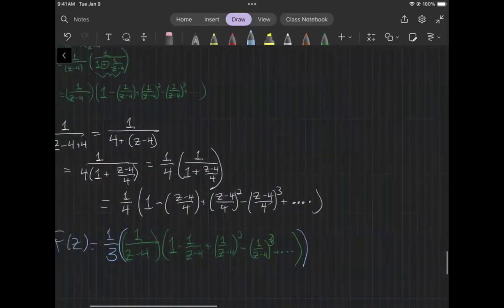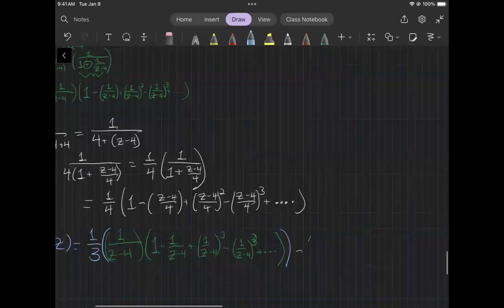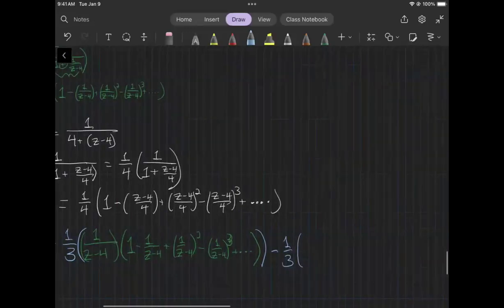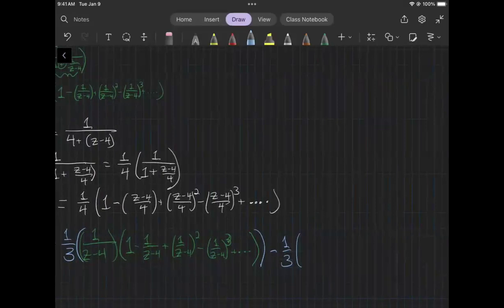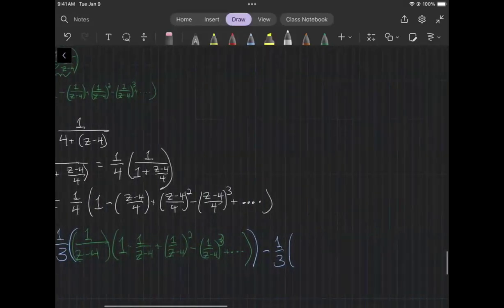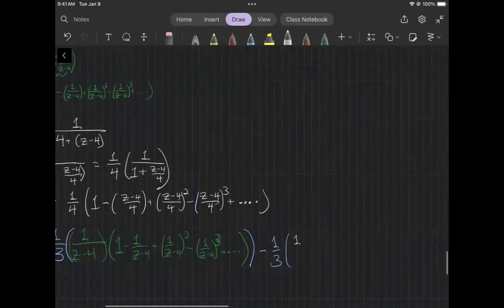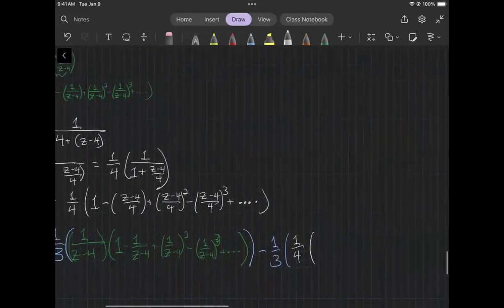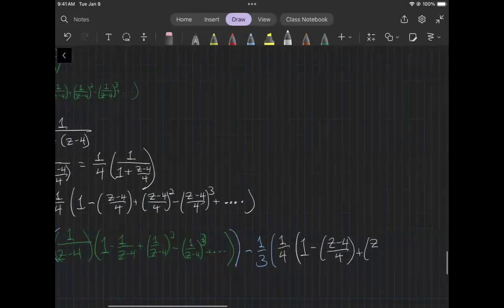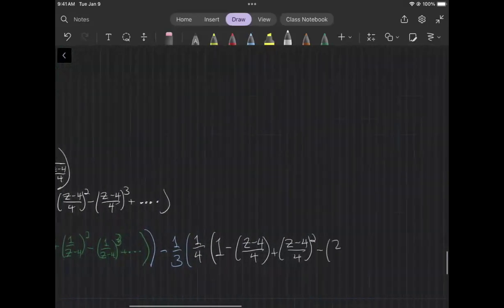And then this will be minus 1/3 times 1/4 times 1 minus (z minus 4)/4 plus ((z minus 4)/4) squared minus ((z minus 4)/4) cubed, plus so on.